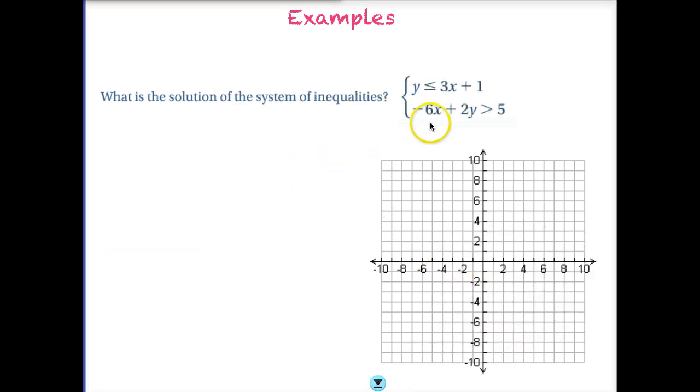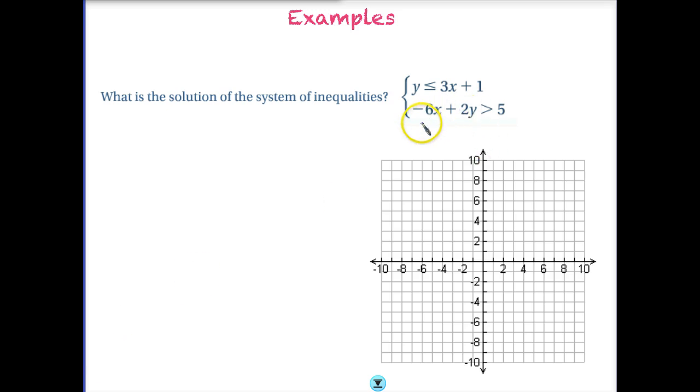All right, we have one more example, and then I'll show you how to graph this in your Khan Academy practice, which you will try after this lesson. We are looking at these two equations, and I'm seeing that the second equation is in standard form. We need to write it in slope-intercept form, so let's rewrite this.